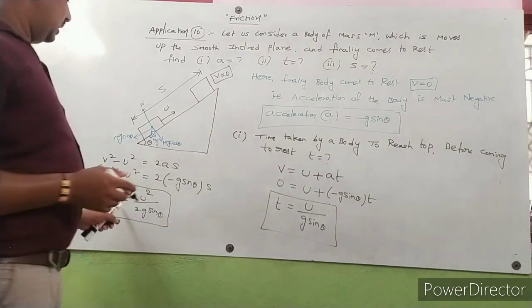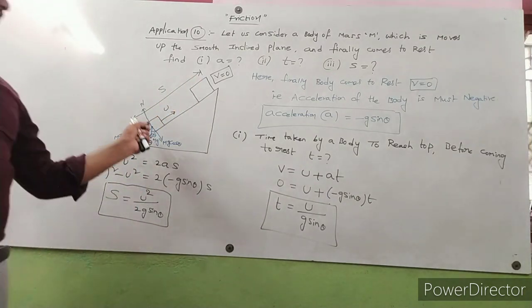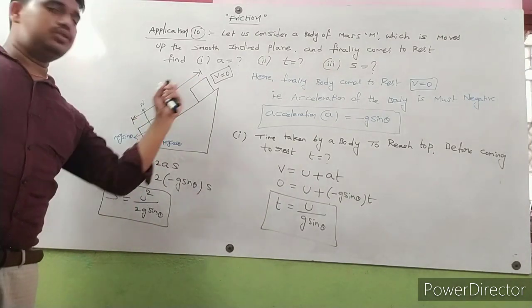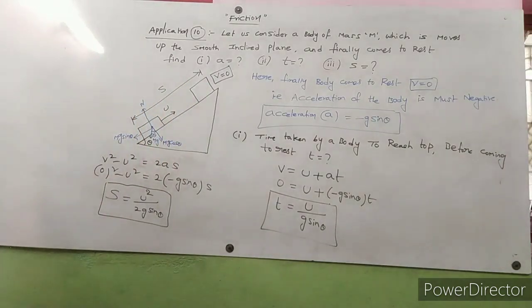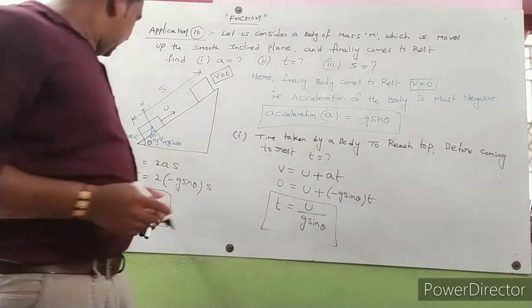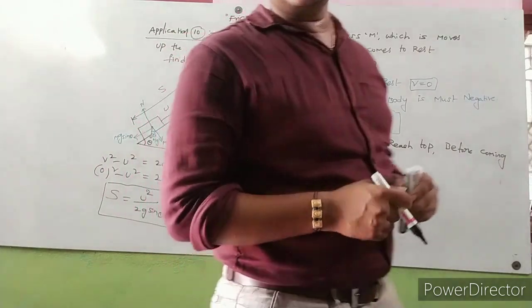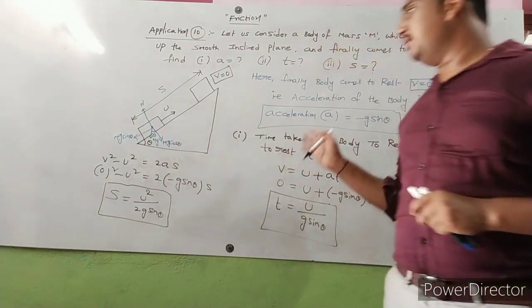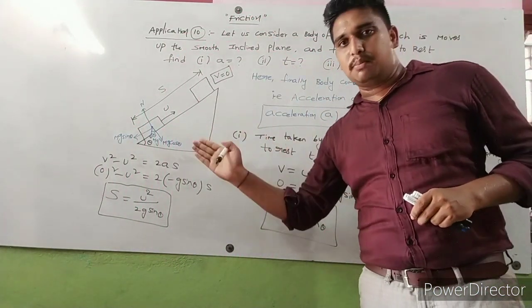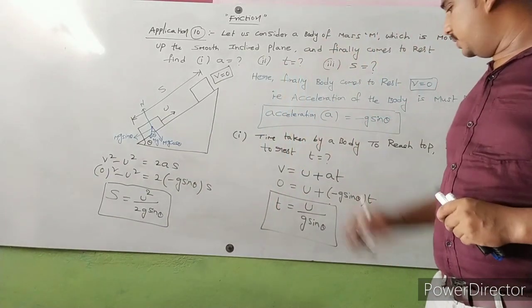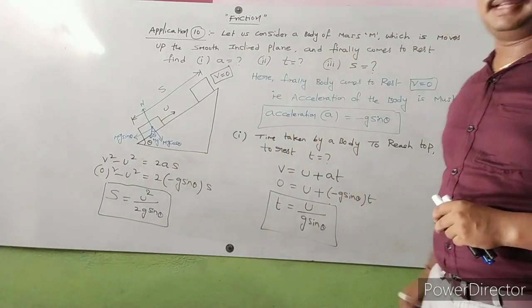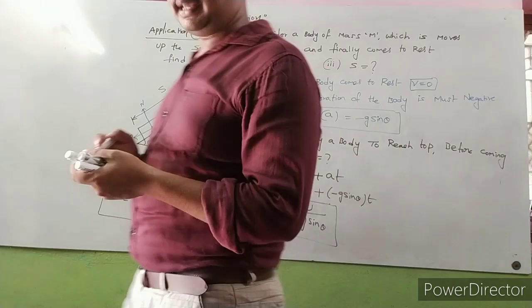This is the distance traveled by the block from bottom to top. And time taken by the block to move from bottom to top is u by g sin theta.